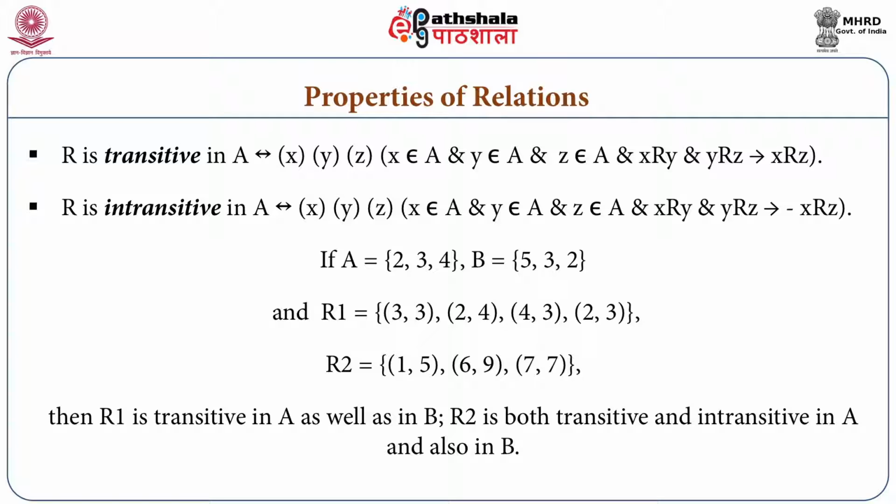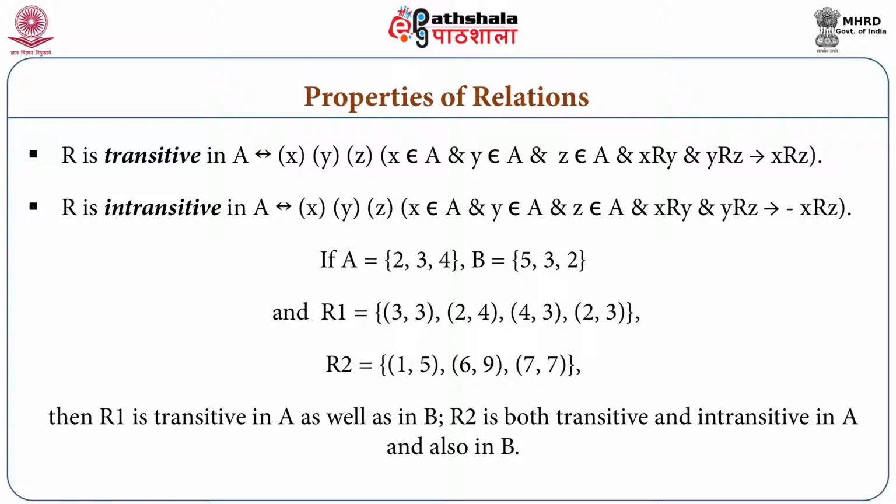Then we say R1 is transitive in set A as well as in B. How? Keep looking at the relation. In R1 there is (3, 3). Is there any ordered pair starting with 3? No. So then we finish.